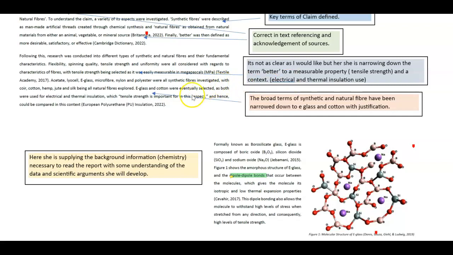Then towards the end there, she's narrowed down synthetic and natural fibres to e-glass and cotton with a little bit of justification. So you'll see she's written e-glass and cotton were eventually selected as both were used for electrical and thermal insulation, and tensile strength is important for that. So that's not the best narrowing down to the specifics of the research task, but there is an attempt to do that there.